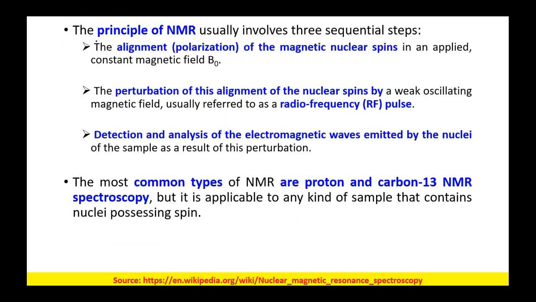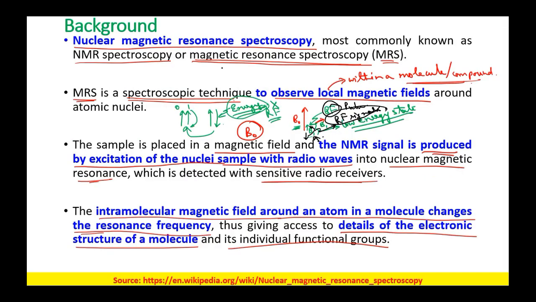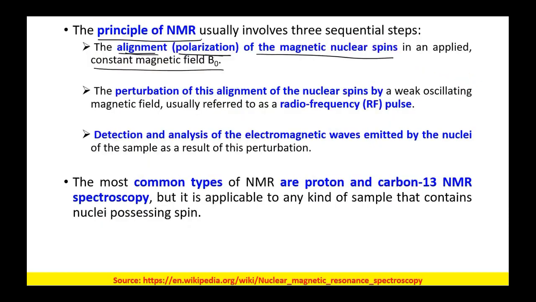So the principle of NMR involves three sequential steps. First is alignment, that is, the polarization of the magnetic nuclei in an applied constant magnetic field B0. This is what I have told you: when you apply B0, B1 arranges itself along the direction of B0, and this is nothing but polarization.